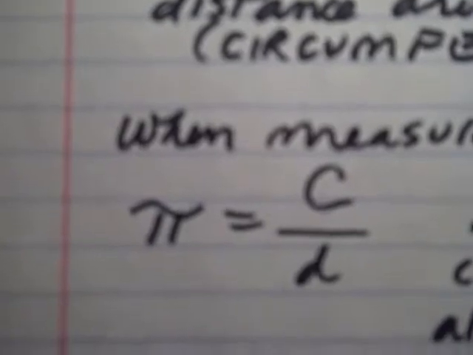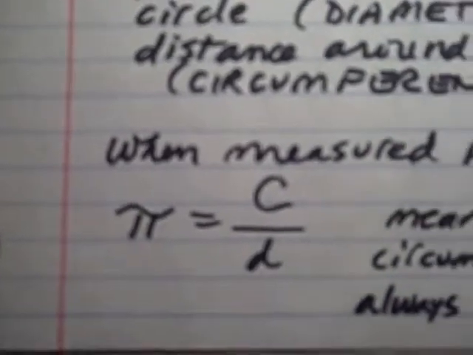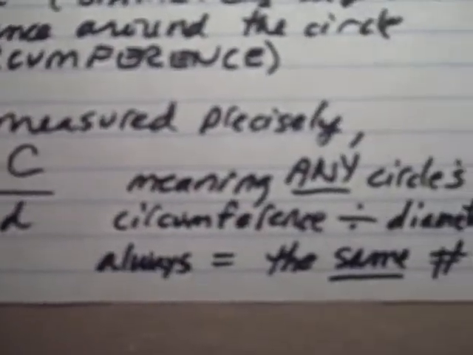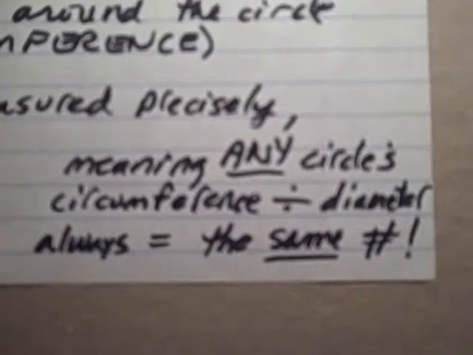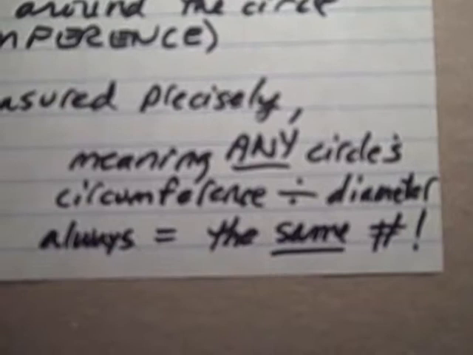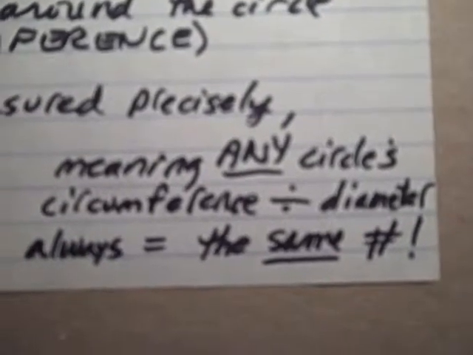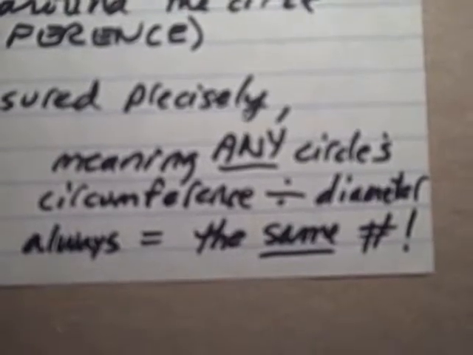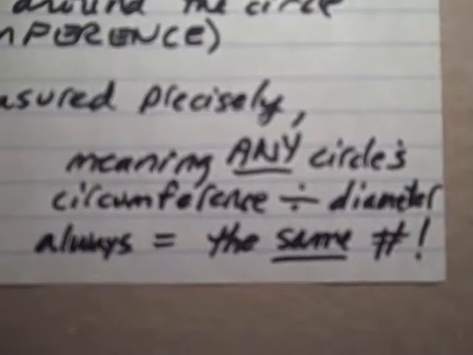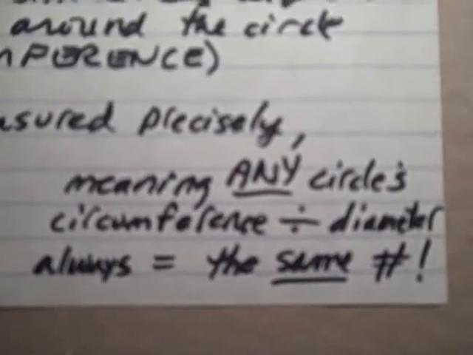And sometimes it's represented as 22/7. Now that we know this number pi exists, it allows us to find the circumference and the area of a circle with one simple, easy measurement.